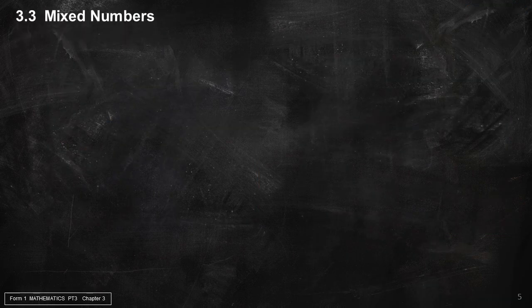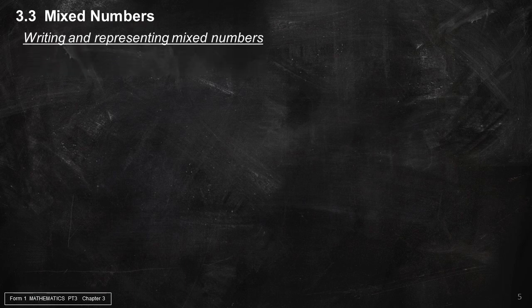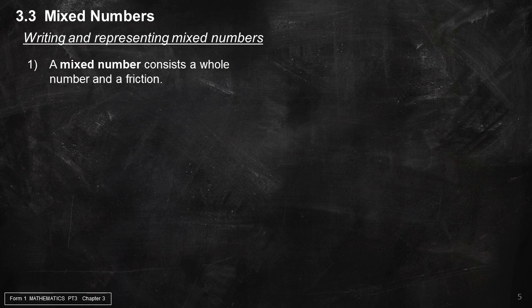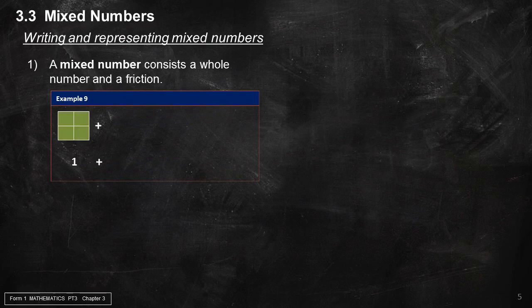3.3. Mixed numbers. Writing and representing mixed numbers. 1. A mixed number consists of a whole number and a fraction. Example 9. 1 plus 3/4 equals 1 3/4, or 7/4.